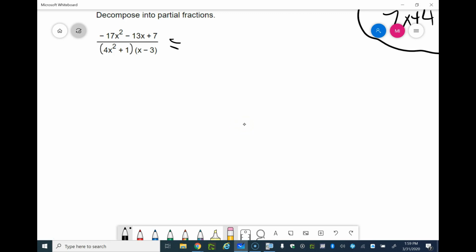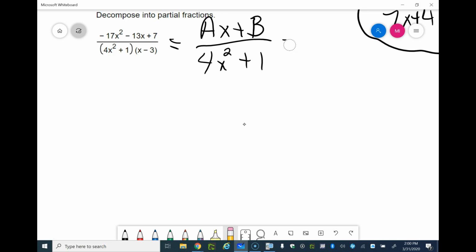So we already know that the problem is going to look like this, a plus c over x minus 3. So once again, if I have the square here, this is where I do the ax plus b, and then the second part just gets to c for that part.